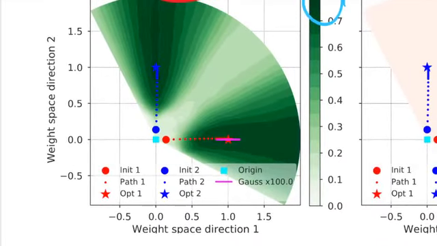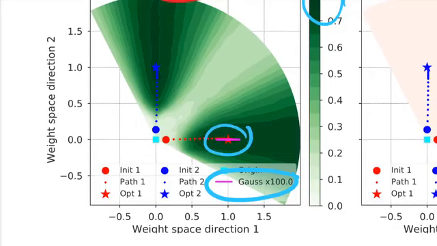Now here, the pink stripe is a Gaussian exploration. So if you now do a Gaussian perturbation, a Gaussian exploration around this minimum, you can see again, you don't get out of this valley. You're not going to go to different modes. The weight space is just too large, and you're going to simply be stuck in there.